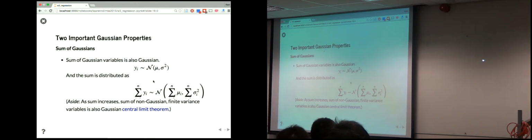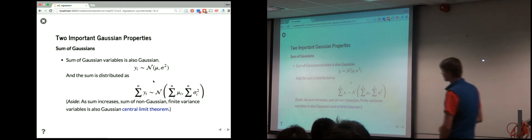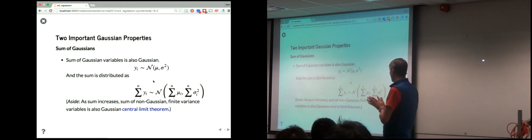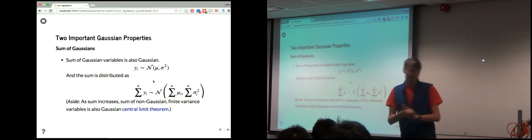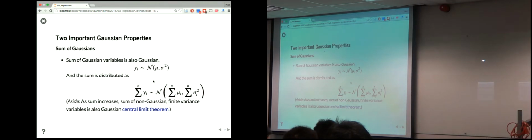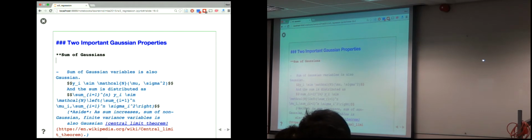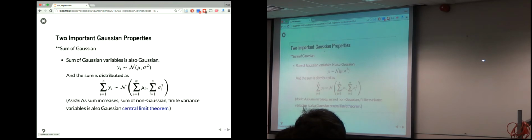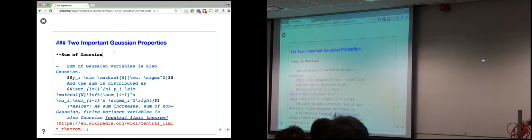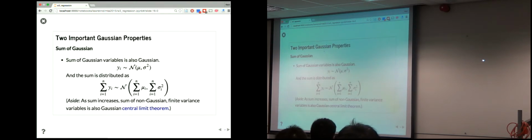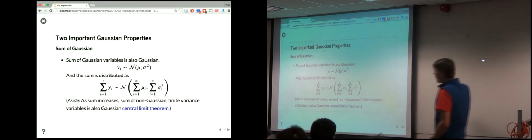So just why do we use Gaussians? Well, just a brief review of some important properties of Gaussians. You should have studied these before. The reason I want to mention them again is because I want to highlight that they're very special. So this is an odd property.